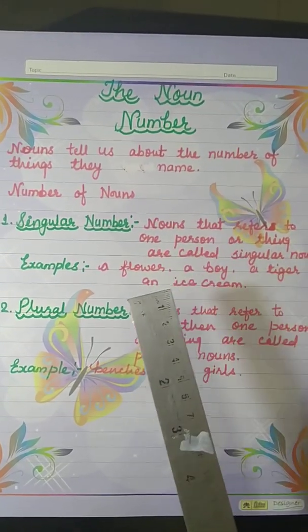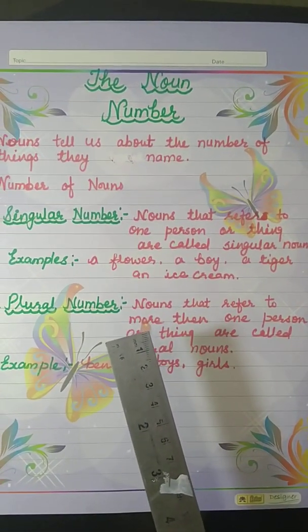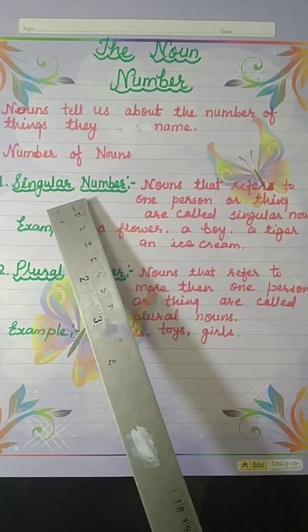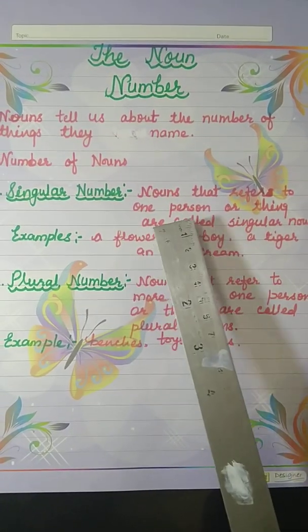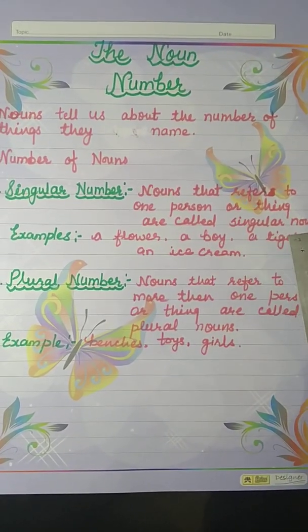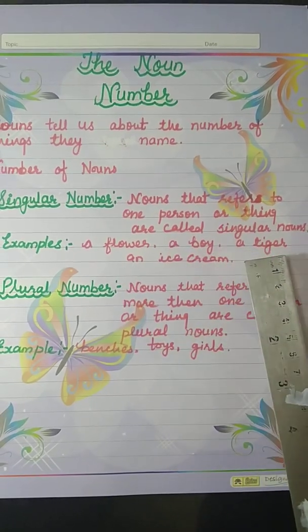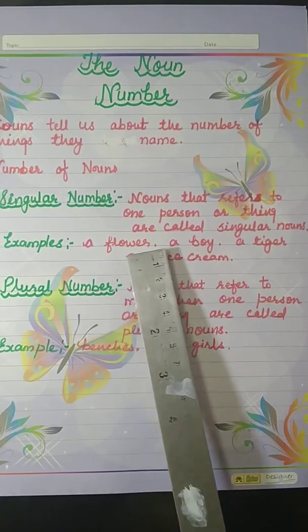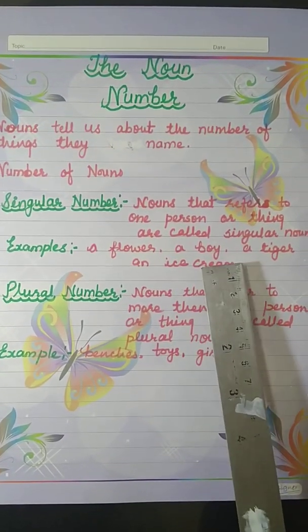Okay, now we will see types of categories in which the thing are categorized into. First is singular number. Nouns that refers to one person or thing are called singular nouns. For example, a flower, a boy, a tiger, an ice cream. Means all these things mention that it is only one.